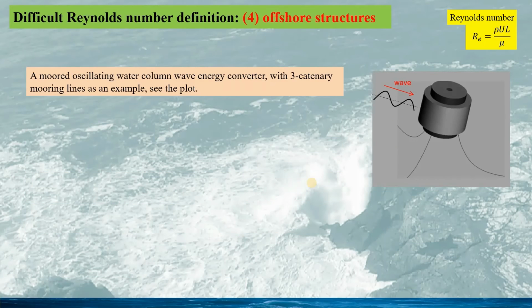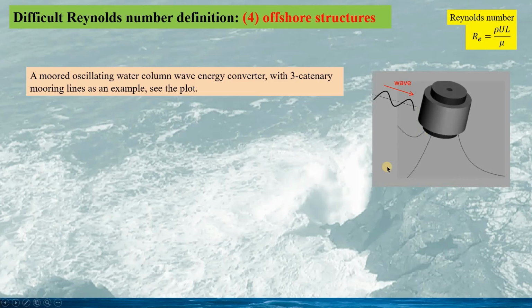The last example in this talk is the Reynolds number for a moored floating structure at sea, such as an oscillating water column wave energy converter in this plot. It is moored using 3 catenary lines. So the floating structure will move under the wave action.